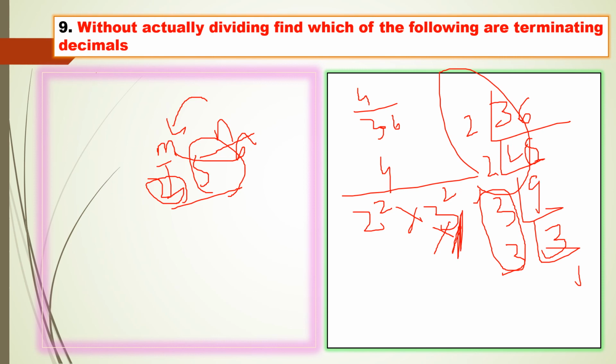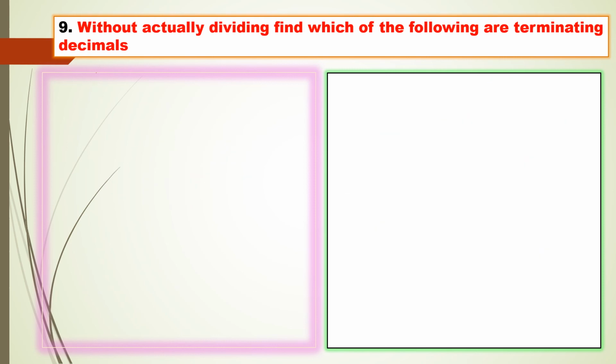You can ask me one question: why only 2 and 5? Why not the other digits? Because for a decimal, the denominator should be 10 power. Terminating means it should stop at one point. In the previous question we have seen, your number is 0.36, and it is stopping at this point. This is terminating.